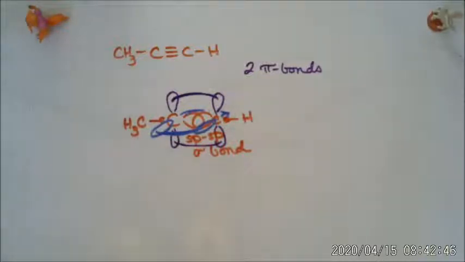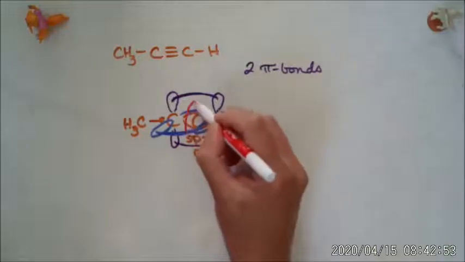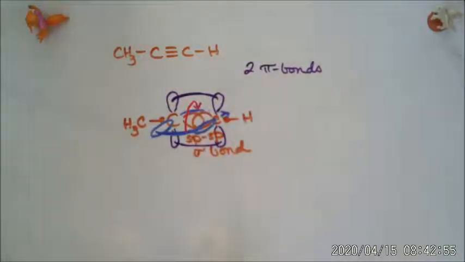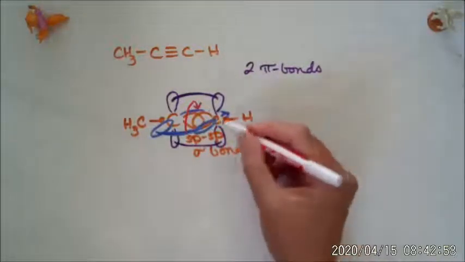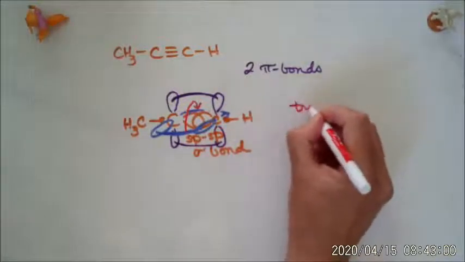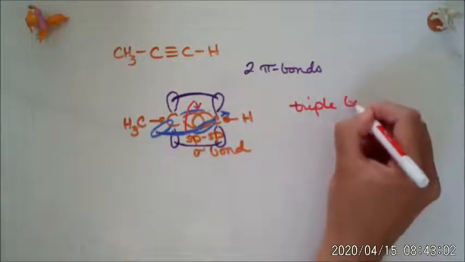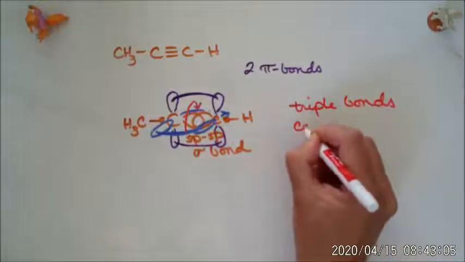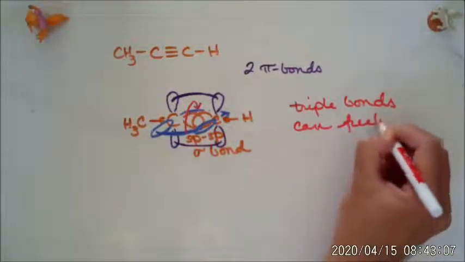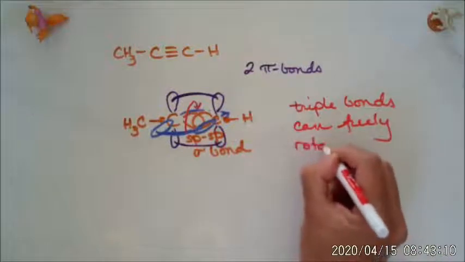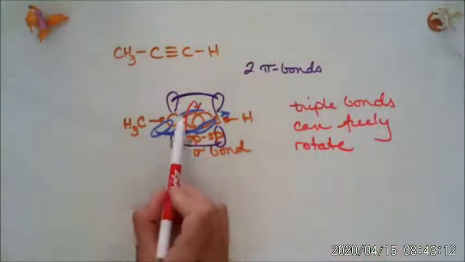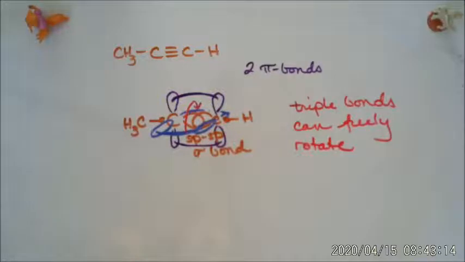The other thing with this free rotation is that it's symmetrical, it's linear, okay? So triple bonds can freely rotate. And that's because we don't break the pi bond past 45 degrees. Okay? So those are all your multiple bonds.